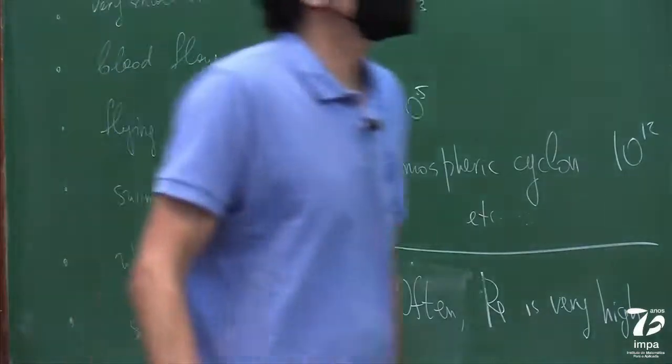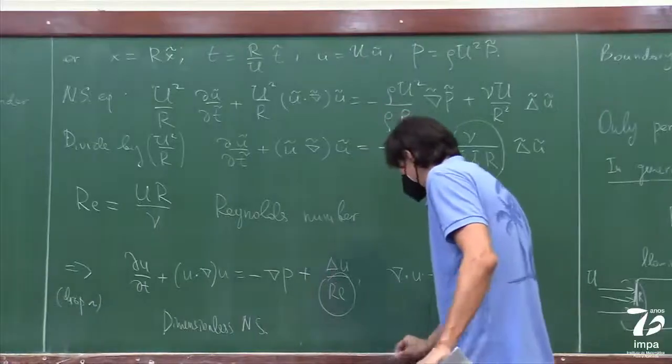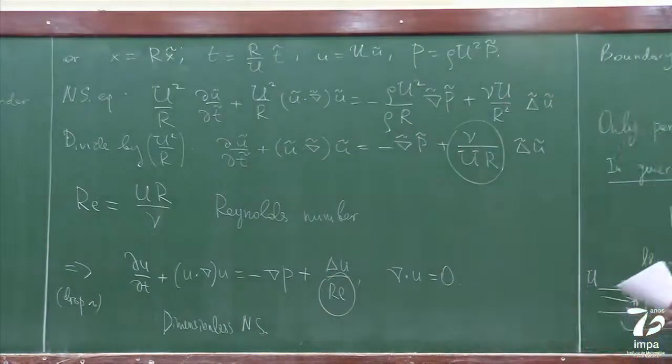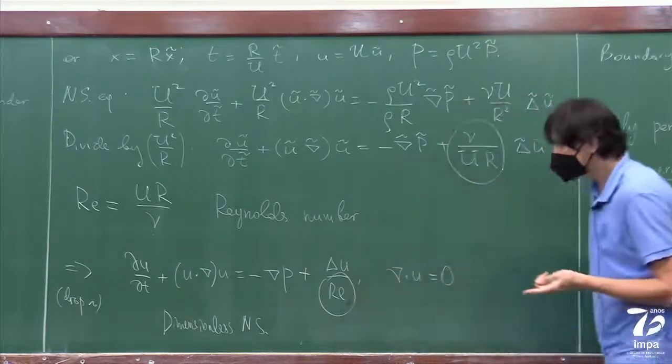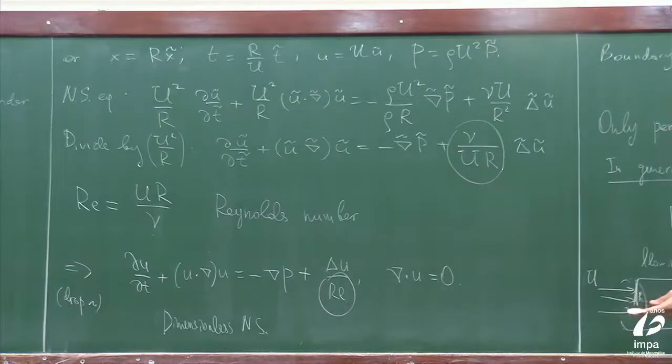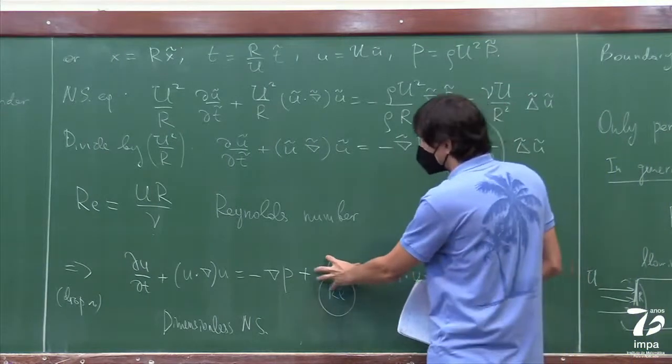And what you can see about the Reynolds number is that it's in the denominator. So in all our problems, the only number that matters in the equation is very big and stays in the denominator. In the usual situation, what you do with the equation is say, if I divide by something very big, that term doesn't matter.